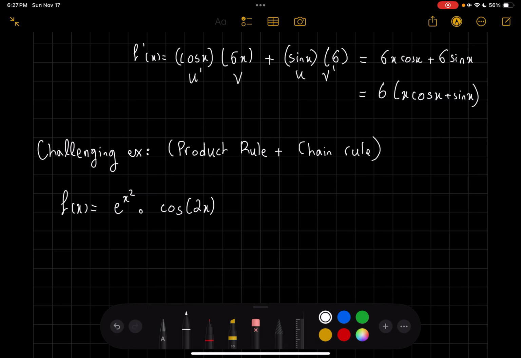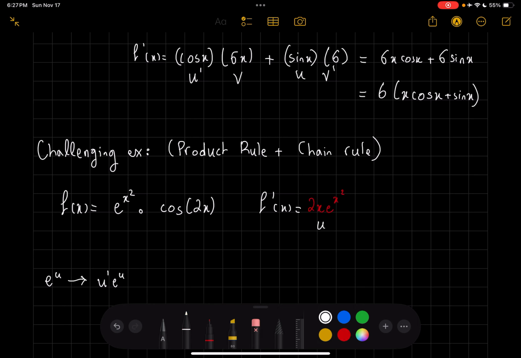So now, to derive this, we are going to use product rule. The derivative of e to the power of x squared is of the form e to the power of u, and the derivative of e to the power of u is u prime e to the power of u. So the derivative of e to the power of x squared is going to be 2x e to the power of x squared.